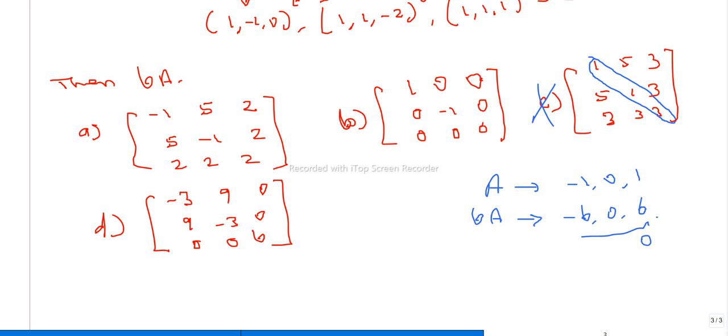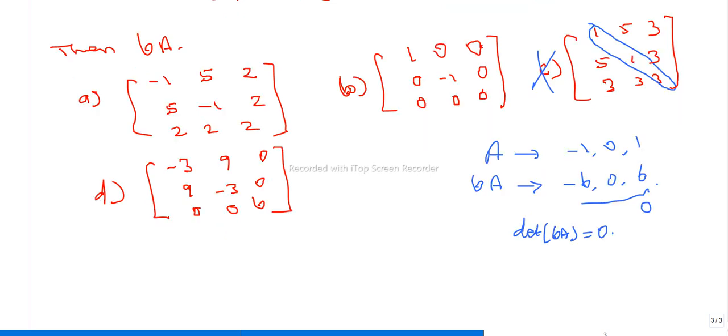Now again, what about the determinant? The product of the eigenvalues is nothing but the determinant. Since 0 is one of the eigenvalues of 6A, the determinant of 6A should be 0. Now you have to check the other options. Look at the last option.